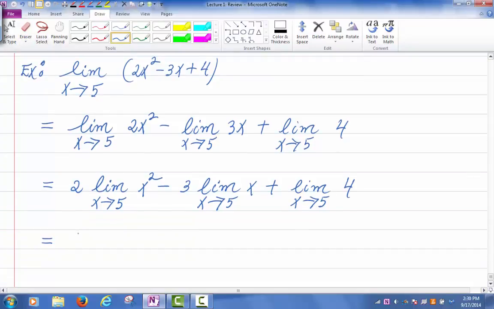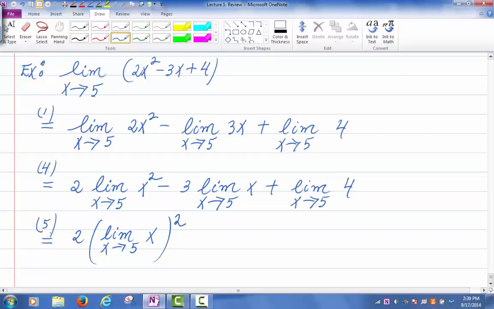So here what I need to write is 2 times the limit as x goes to 5 of x squared. Remember, this is the limit law number what? This is where we applied 1, this is where we applied 4, this is where we applied 5, minus 3 times the limit of x as x goes to 5 plus the limit as x goes to 5 of 4.